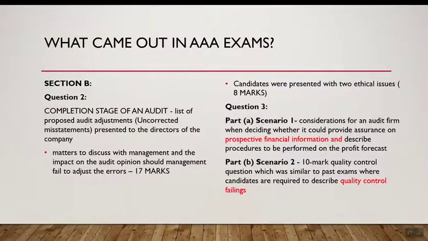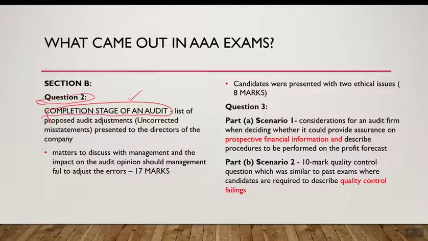Now, in section B, likewise, they kept to their promise as well. One of the questions was on the completion stage of an audit. So again, you need to know what people do to complete the audit.